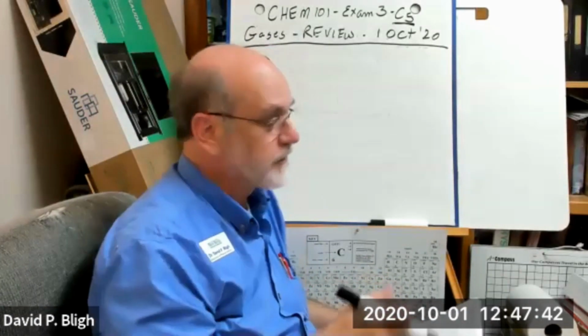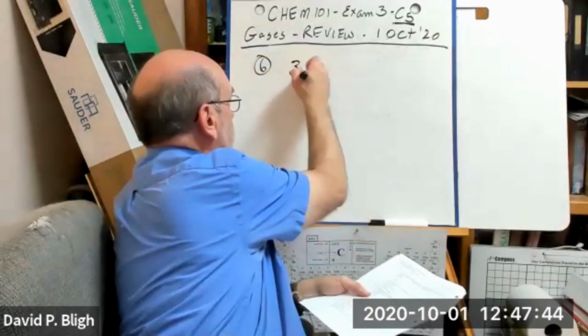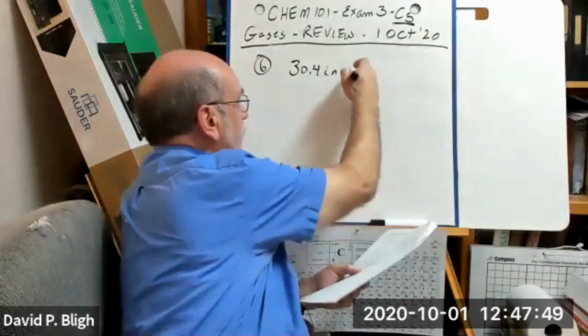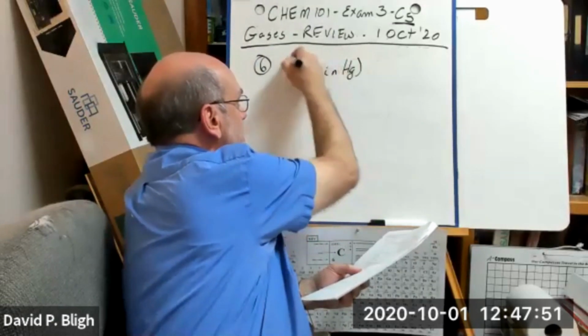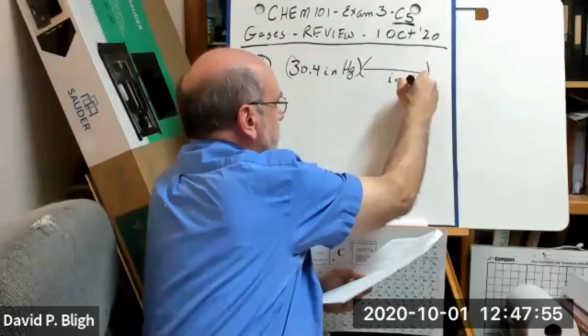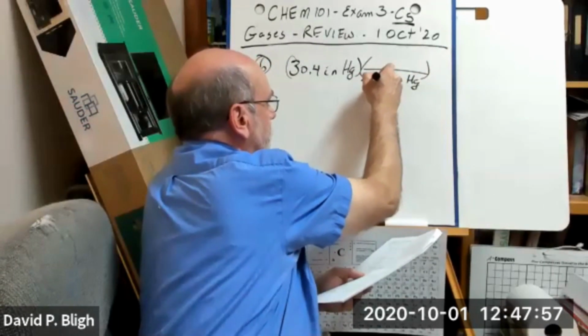It's another unit conversion. The local weather forecast reports a barometric pressure of 30.4 inches of mercury. So we just need to convert 29.92.